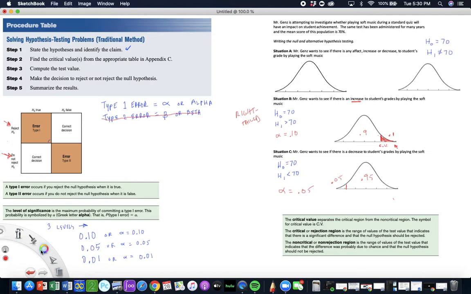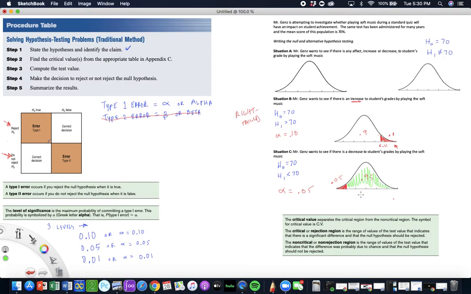This region right here, which I'll color in red, is the critical region. If my sample mean falls within that area, I would reject the null hypothesis. If by chance my sample mean falls in this other area, I would say that playing soft music really doesn't have an effect on whether or not students do well, that it doesn't have any impact on their grade.